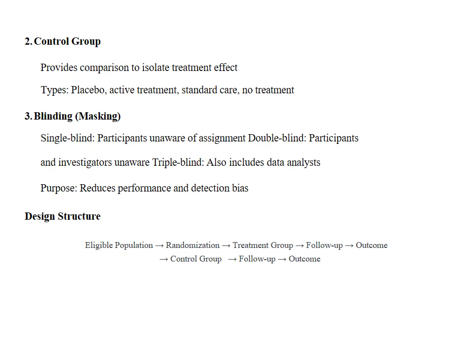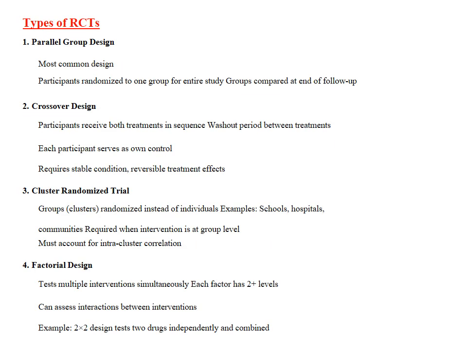In the control group, follow-up and outcome. Types of RCTs. Parallel group design: most common design, participants randomized to one group for the entire study, groups compared at end of follow-up. Crossover studies: participants receive both treatments in sequence, with a washout period between treatments. Each participant serves as their own control. Requires stable condition and reversible treatment effects.